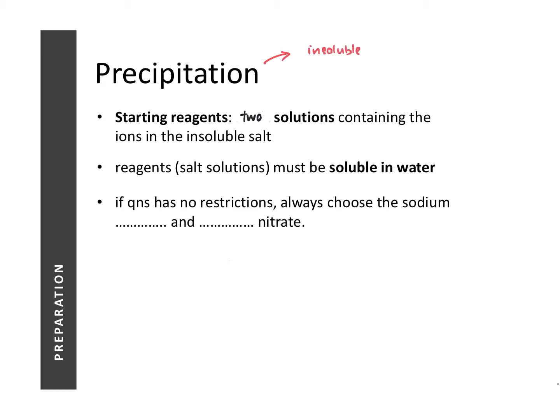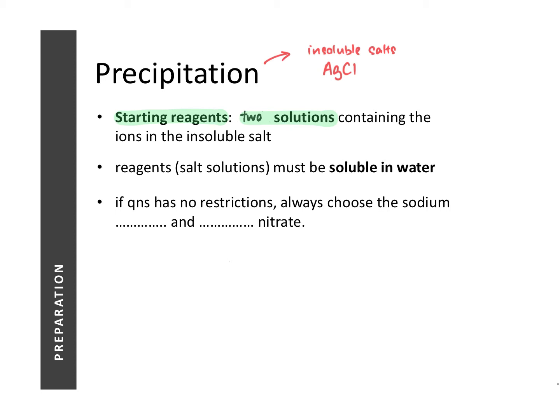Okay, so at this point in time, I want you all to try to think of one insoluble salt. Okay, so I'll give you an example now. Silver chloride. Silver chloride is insoluble. Okay, for precipitation method, the starting reagents, it must be 2 solutions.